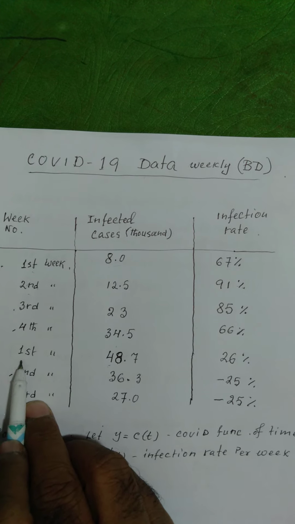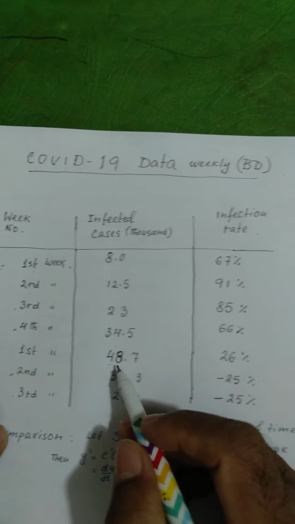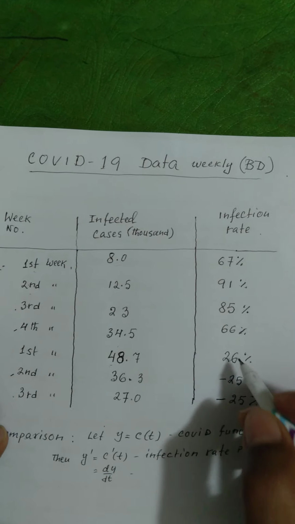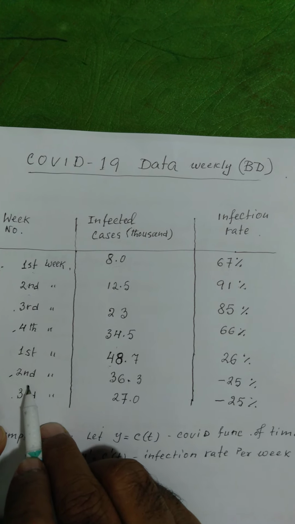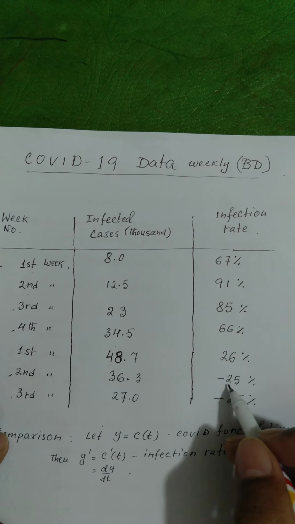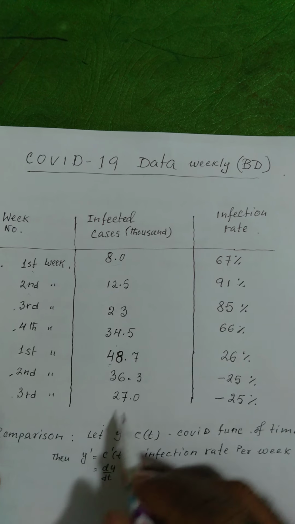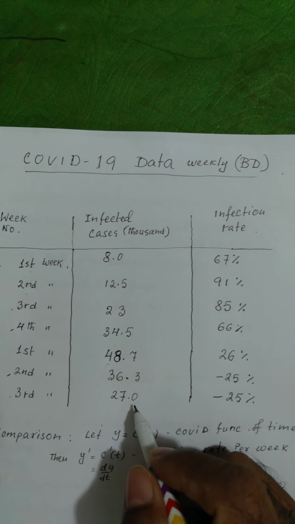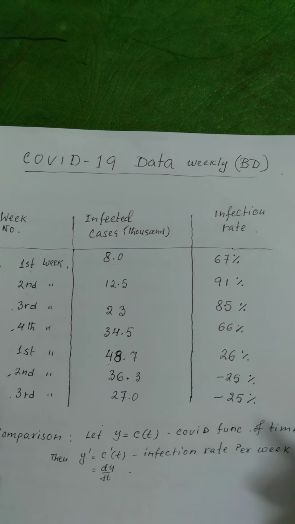And at 1st April, infected cases were the highest, 48.7 thousand, but infection rate was 26%. And second week of April it was 36.3 thousand, and infection rate was negative 25%. Third week, 27,000 infected people, and infection rate again minus 25%.